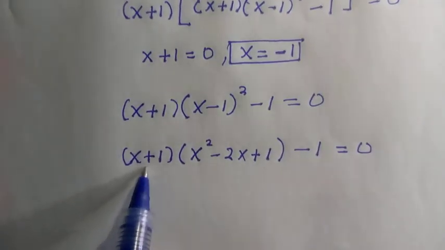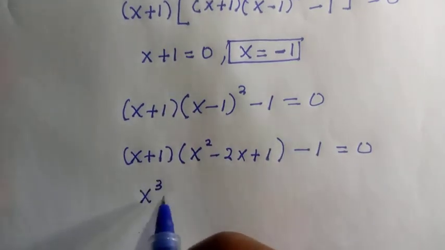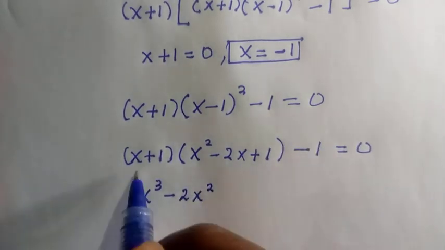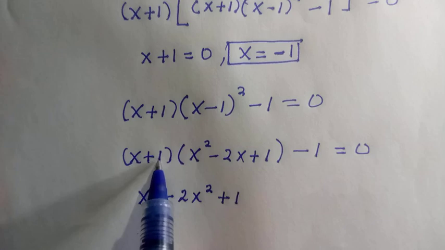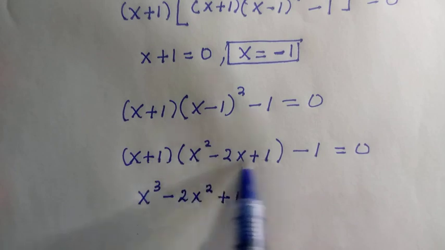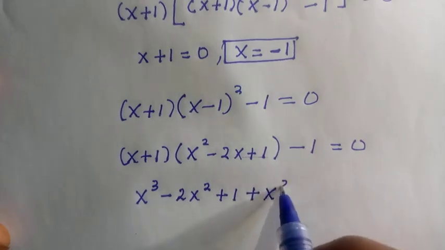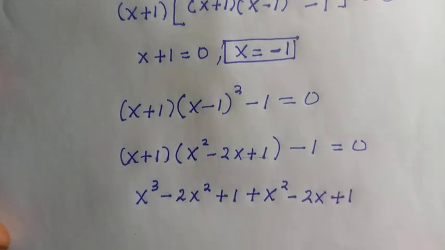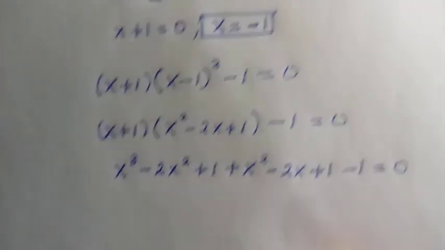Then let's expand this together. x multiplied by x squared, we get x cubed; x multiplied by minus 2x, that is minus 2x squared. Then x multiplied by 1, we get plus 1. And we use 1 to multiply this, so we get all this result again: plus x squared minus 2x plus 1. Then this minus 1 here, we write as minus 1 equals 0.